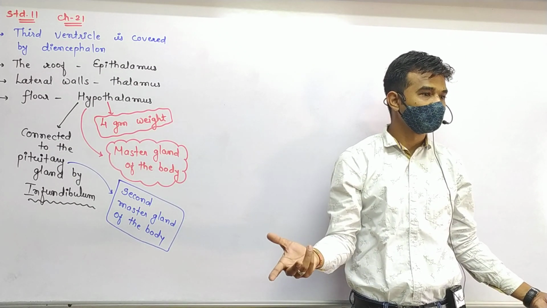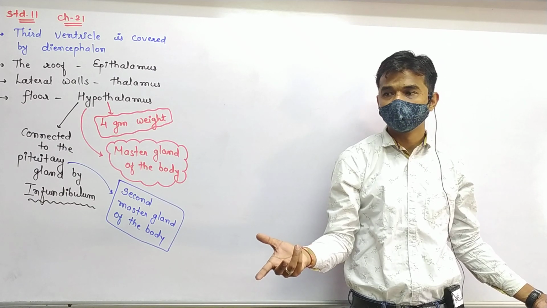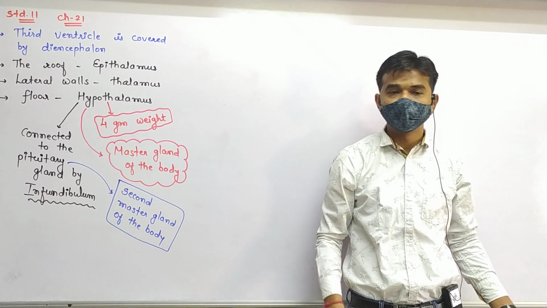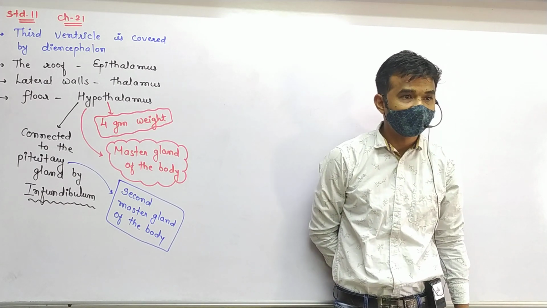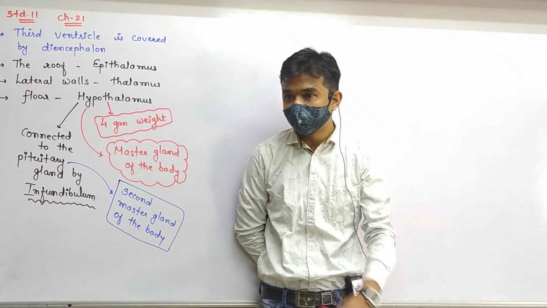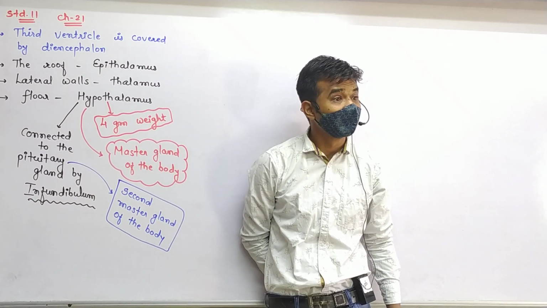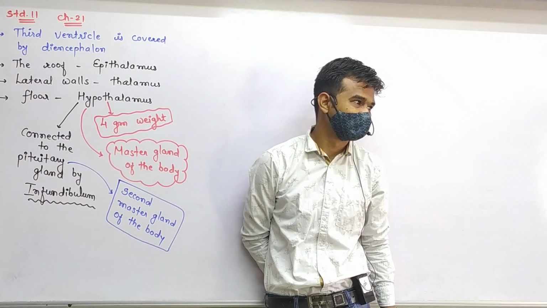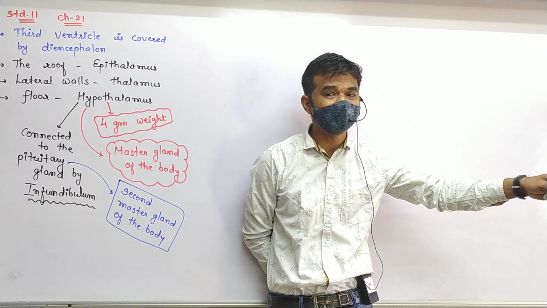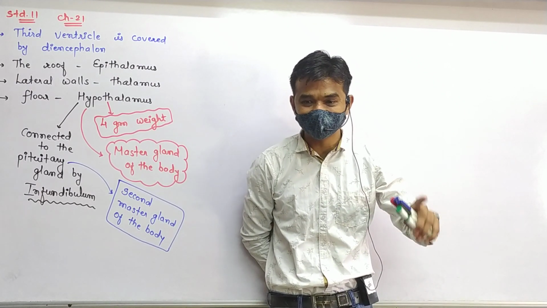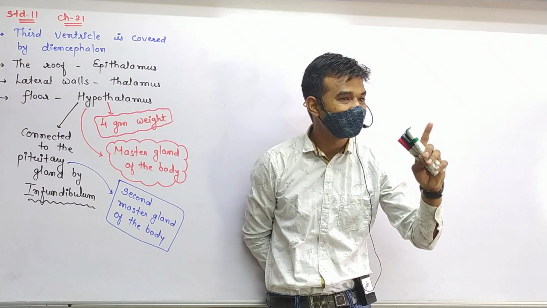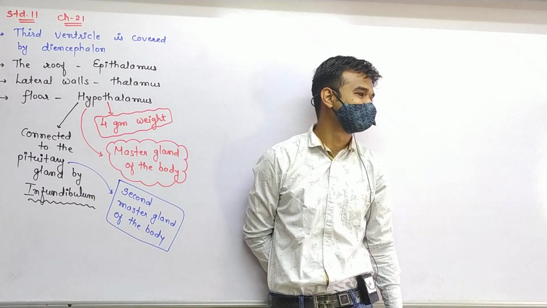Obviously, melanin, M-E-L-A-N-I-N, and here melatonin. So melanin is the skin color pigment, whereas melatonin is the pineal gland hormone.